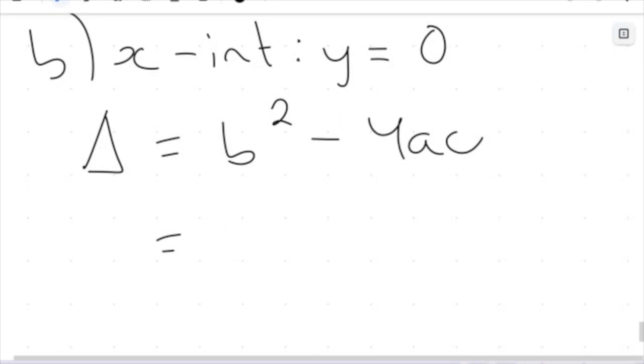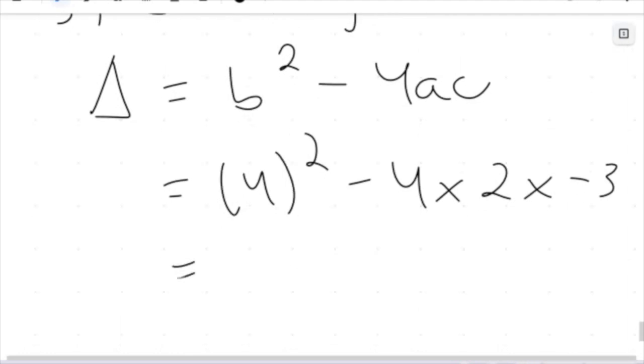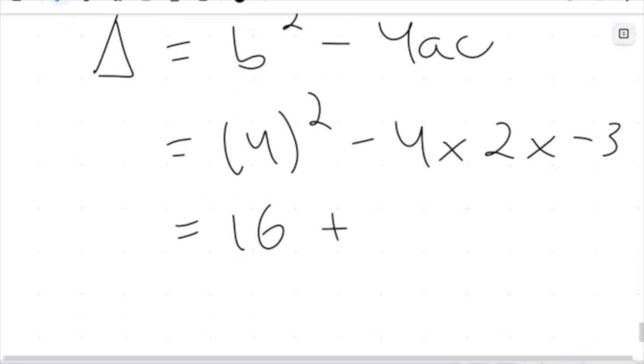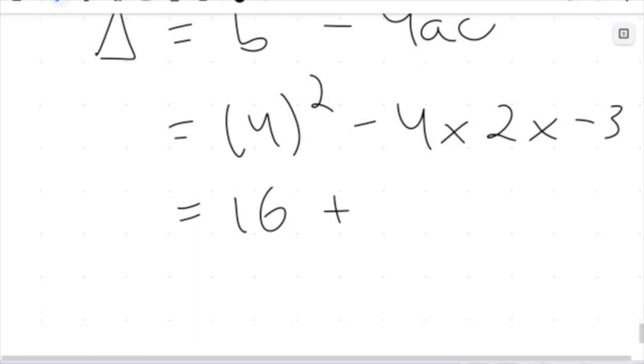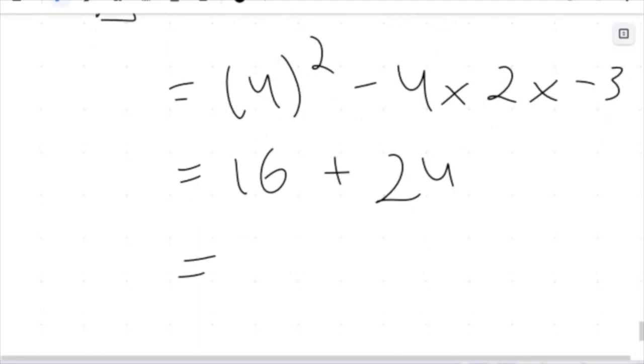So that's going to give me, my b is 4, so that gives me 4 squared minus 4 times a is 2 times negative 3. Okay, so that gives me 16, and then minus 4 times 2 times minus 3 is going to give me positive 24, and that is going to give me 40.